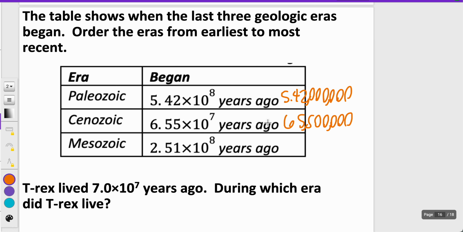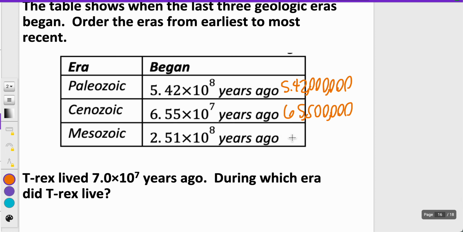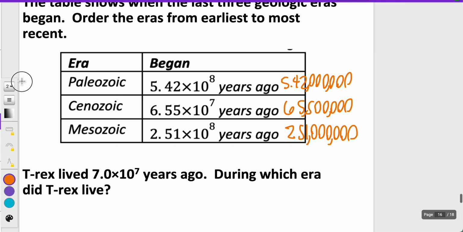That one's looking like a long time ago, but Paleozoic seems really, really long. And then 2.51, 1, 2, 3, 4, 5, 6, 7, 8, or 251 million years ago. So this would be earliest, number 1, then Mesozoic, and then Cenozoic.